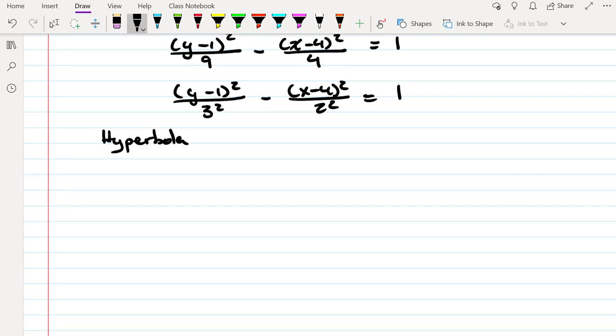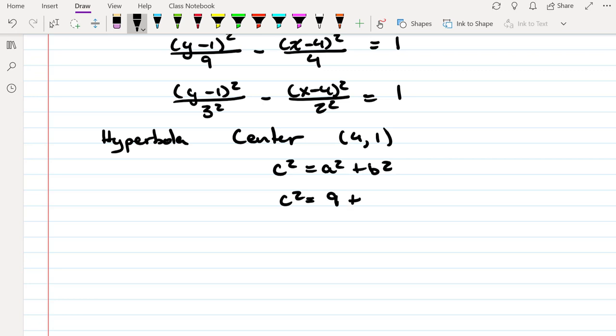and the hyperbola has center at (4, 1), and we know that c squared is equal to a squared plus b squared. So we have c squared is equal to 3 squared, so 9, plus 2 squared, which is 4, which equals 13.